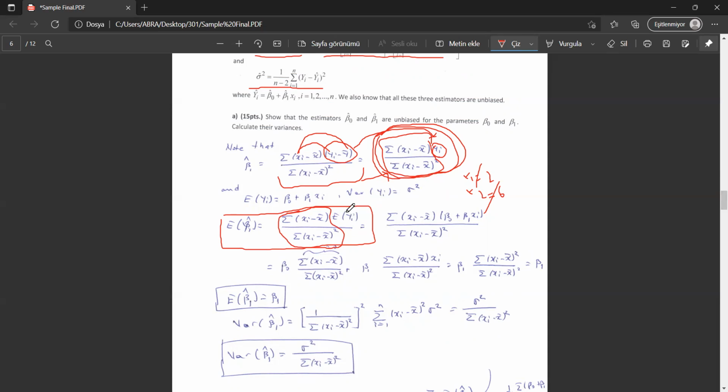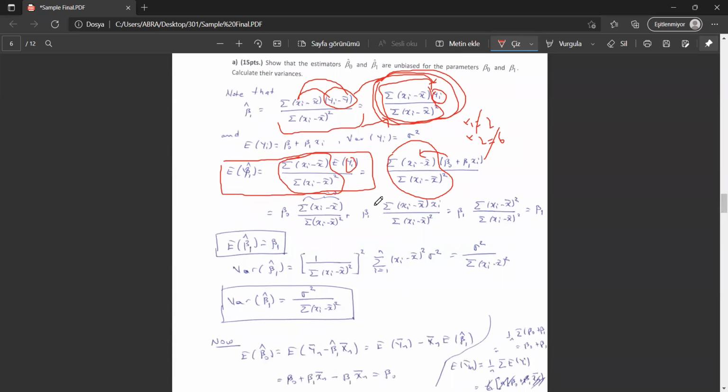So these y's are random actually, but x's are not. Now, after we have done that, we can write beta 0 plus beta 1 xi instead of yi. And from here, we can separate these things. You see, first we can write beta 0 times summation of (xi minus x bar) over summation of (xi minus x bar) squared plus beta 1 xi times this thing. You see? This is the expectation of beta 1 hat.